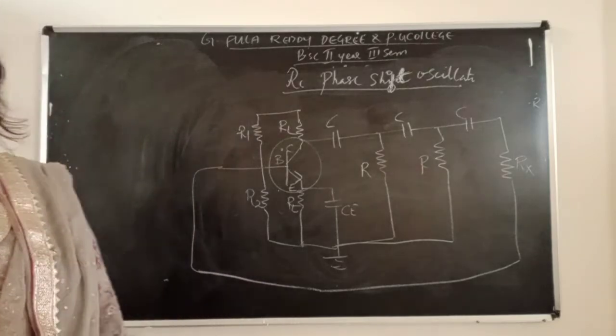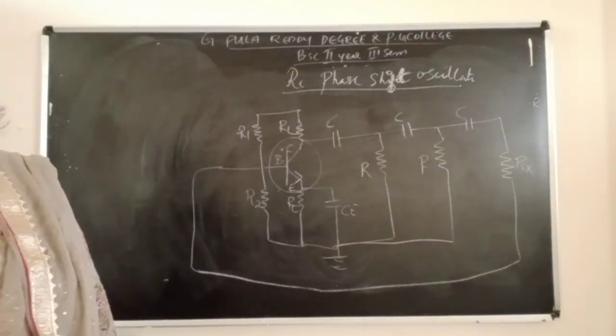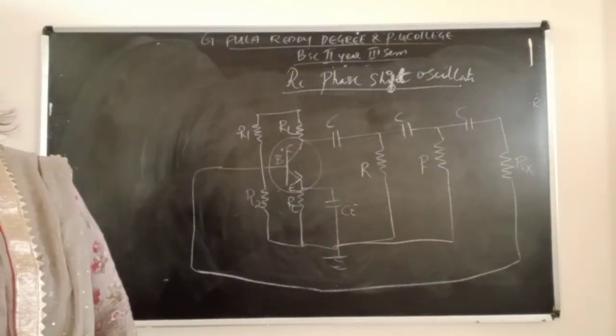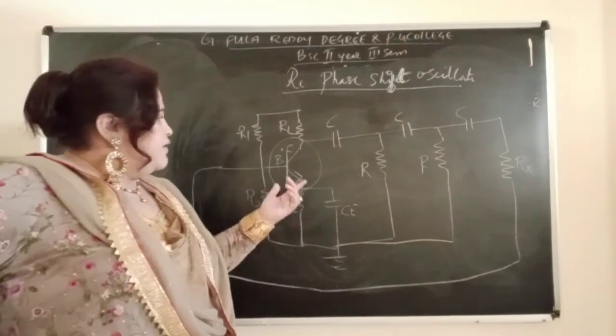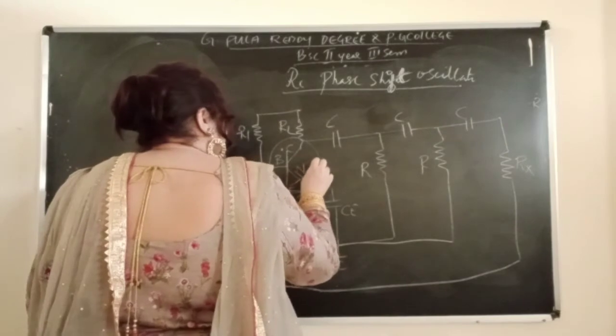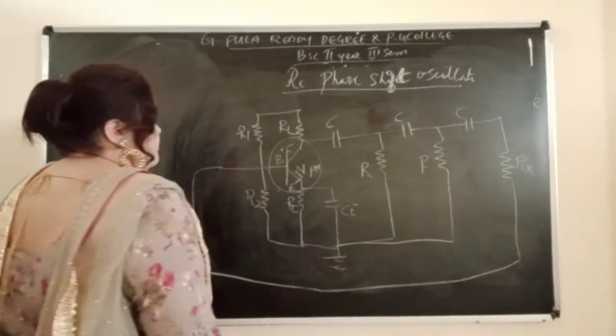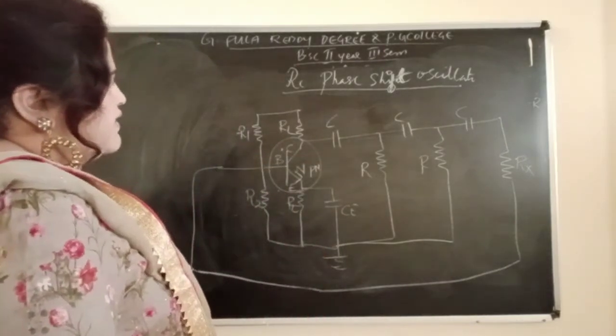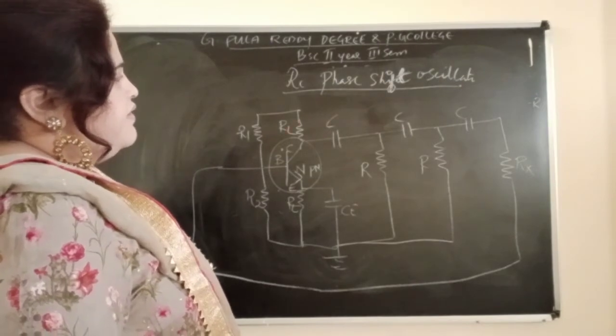So you can see the diagram of the phase shift oscillator here. First I have drawn an NPN transistor, common emitter type. Then RC, RC, RC I have drawn.